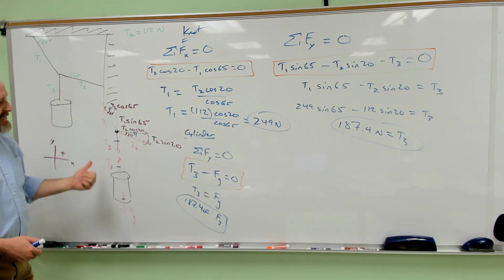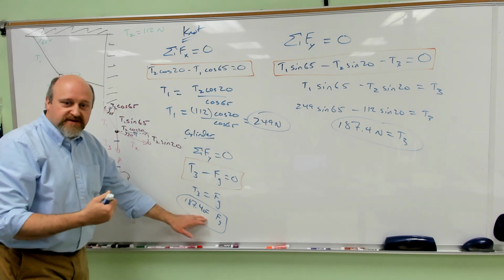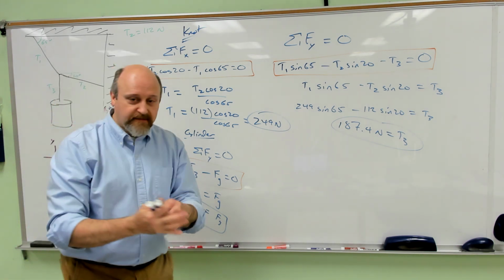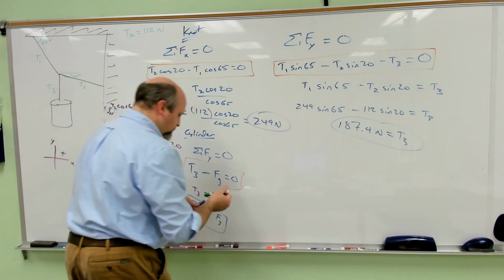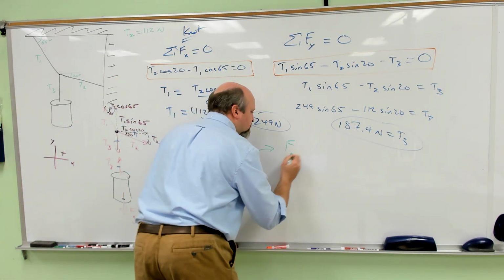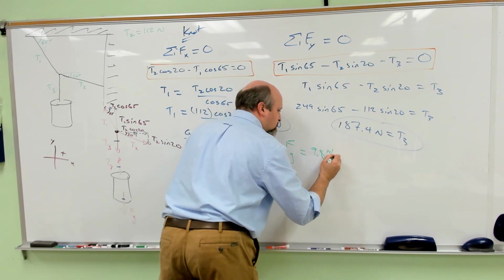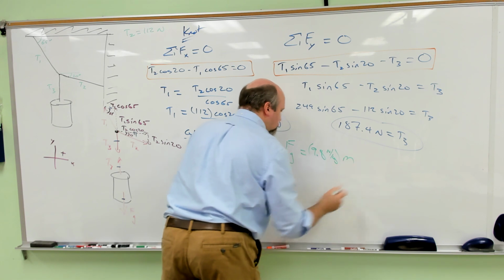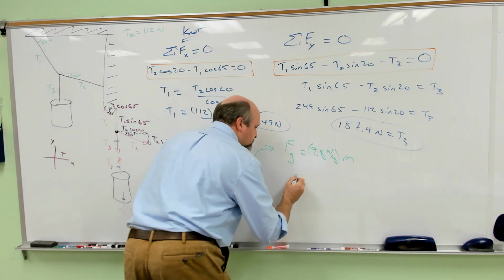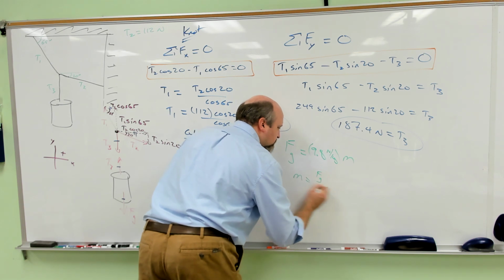I know the gravitational force, also known as the weight. Can I find the mass? Yeah, we've got a relationship for that, the relationship between mass and weight. Gravitational force is 9.8 newtons per kilogram times the mass. To find the mass, I'll divide both sides by 9.8, leaving gravitational force divided by 9.8.